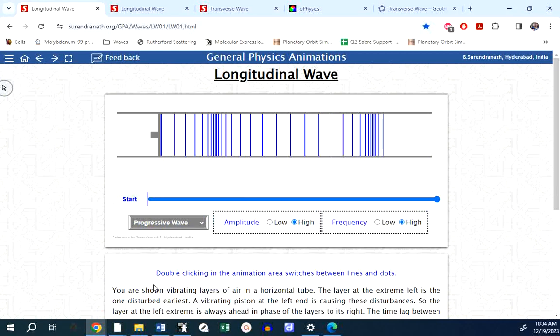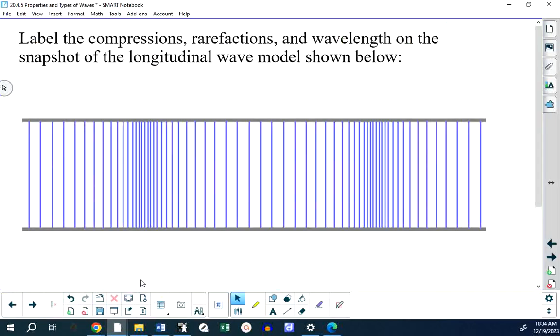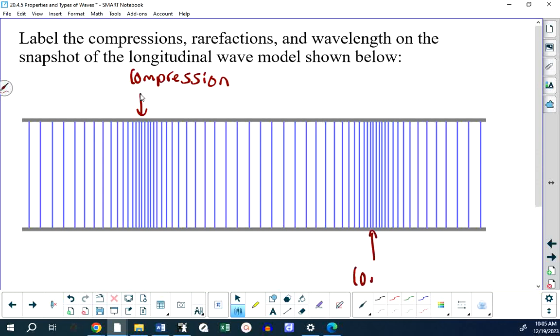On that diagram, we are asked to label a few things. We want to label any compressions, rarefactions, and the wavelength. Well, this is clearly a compression. So is this. You can label them however you want.